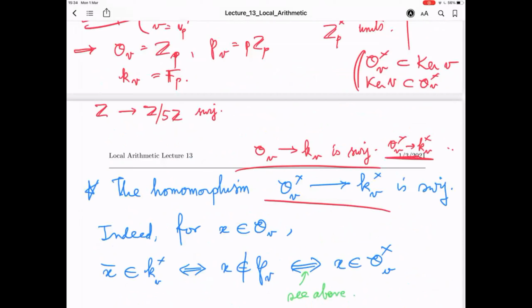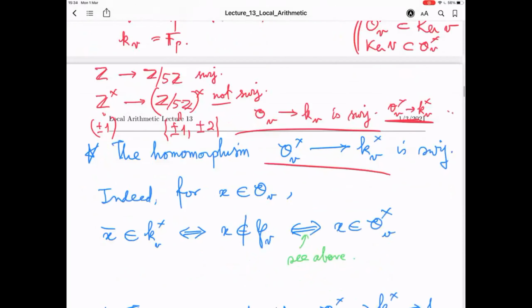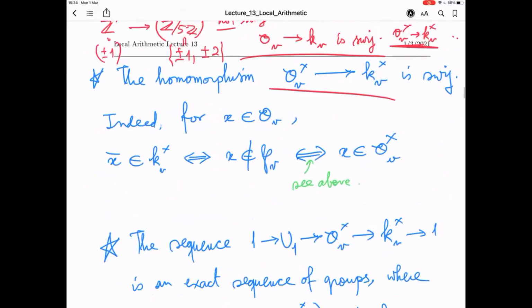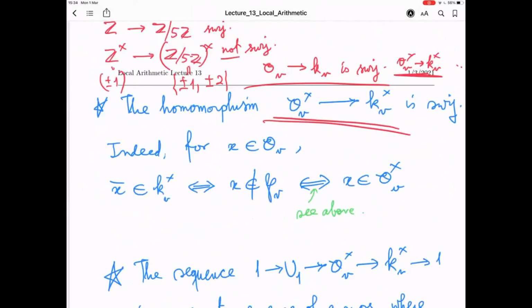But the map from Z star to the units of Z mod 5Z is not surjective, right? Because this is just plus minus 1, and this consists of plus minus 1 and plus minus 2, perhaps, so that this consists of 4 elements here. Anyway, so that's a generality. In general, this map is not surjective, but in this case, OV star to KV star is surjective.